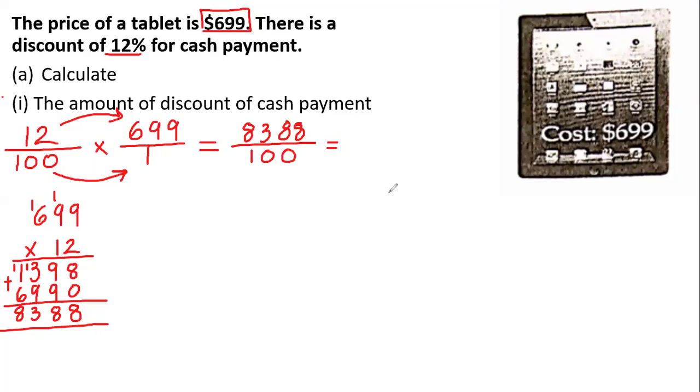Ready? All right. So what we have to do is divide. Remember I told you all, in order to divide, we have 8388 and we want to divide by 100. If you divide by 100, all that means is you move the decimal point over twice. 1 and 2.